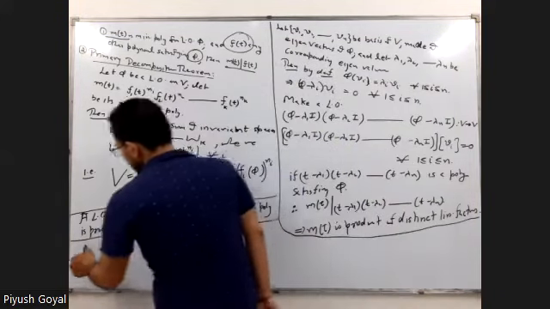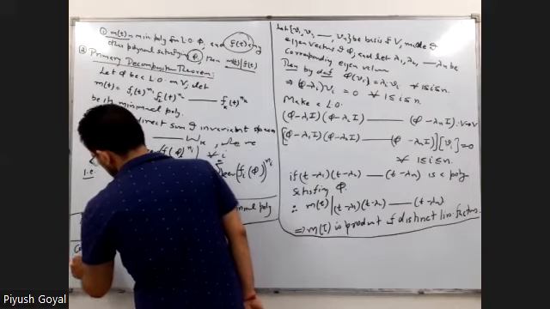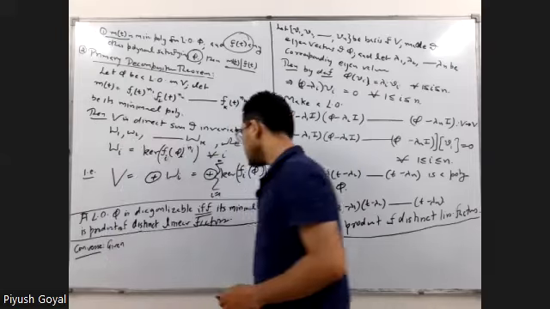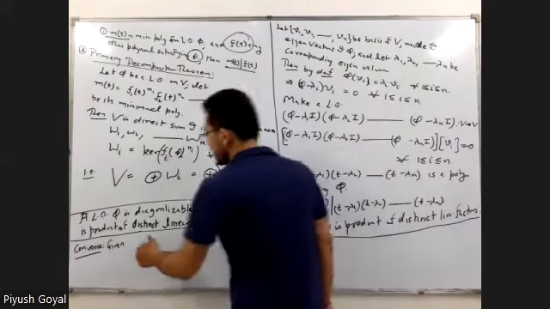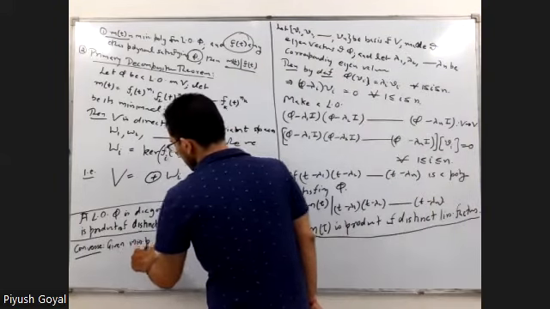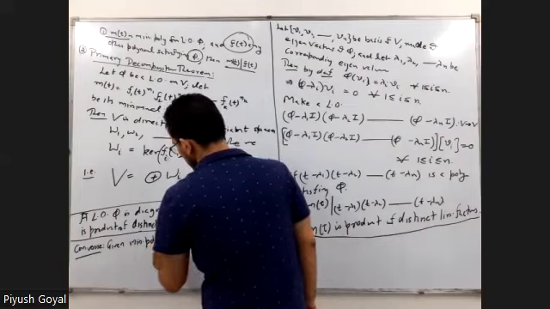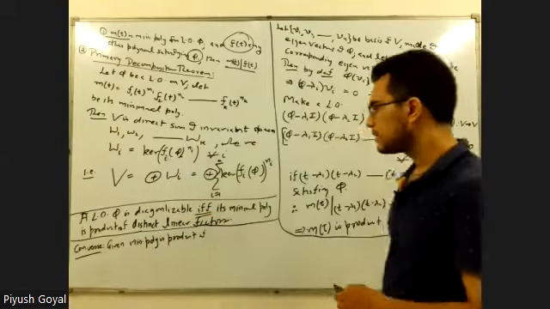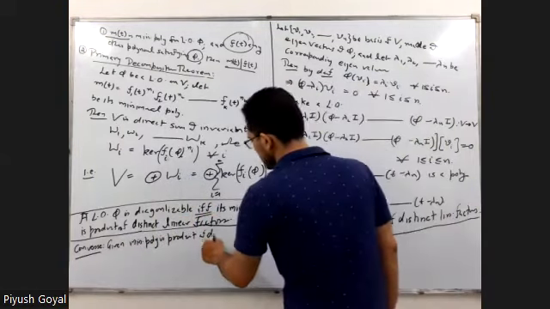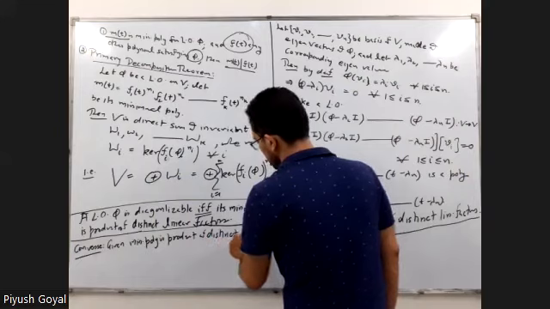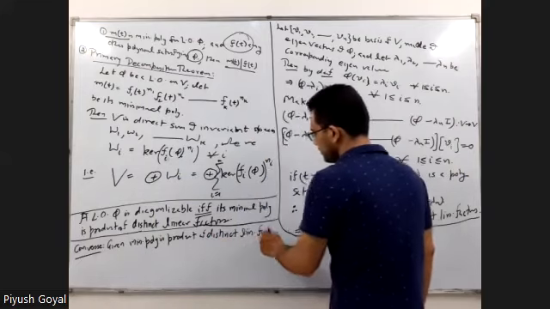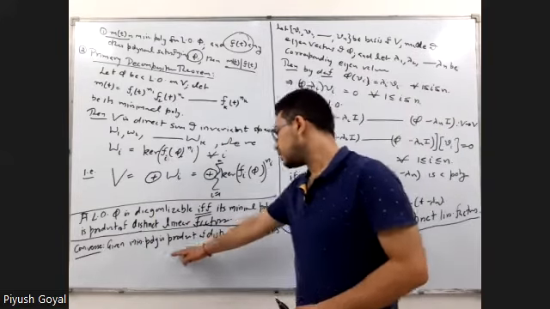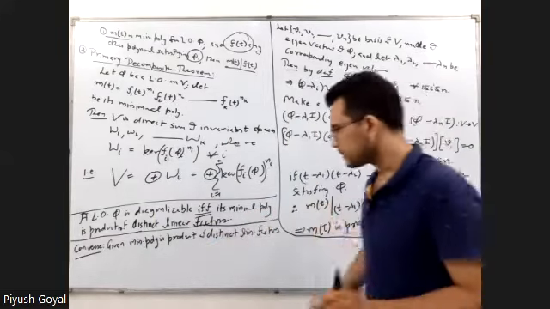So, the converse. Given what? Given the minimal polynomial is a product of distinct linear factors.